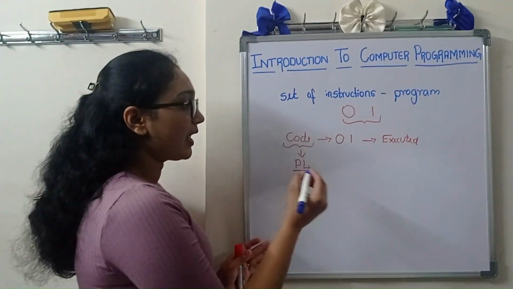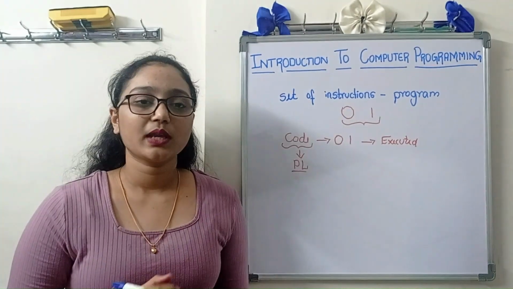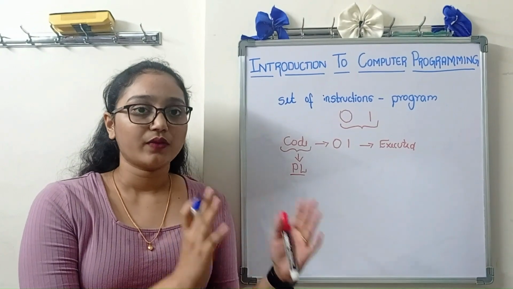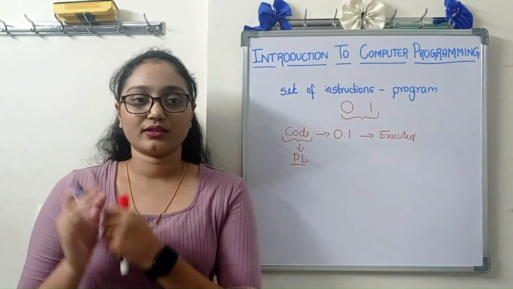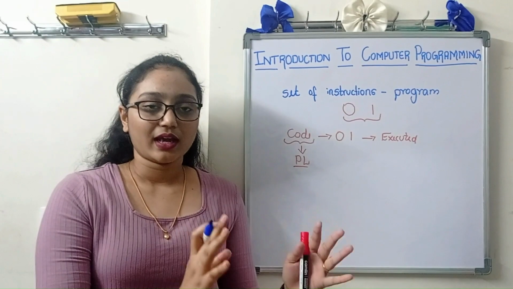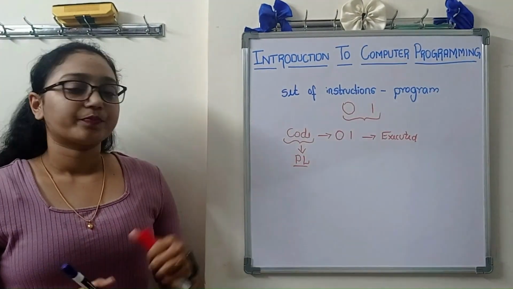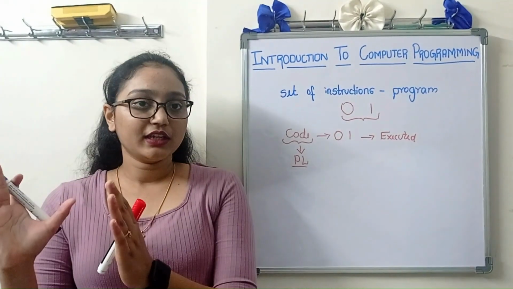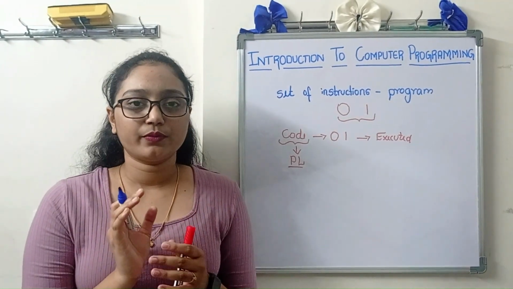Now, the machine language will depend upon the different systems. It will not be the same for all systems. So if we write machine language code in one system, it cannot be copied to or executed in another system, because there will be differences. But the code we write in a programming language in one system, we can copy and execute in the other system as well, with very minute modifications.